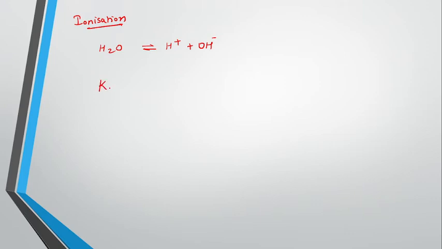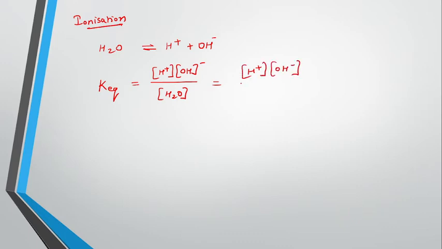Here K, the equilibrium constant, is equal to H plus OH minus divided by H2O, which is equal to H plus OH minus divided by 55.5.